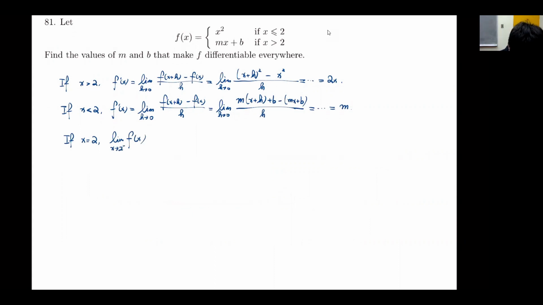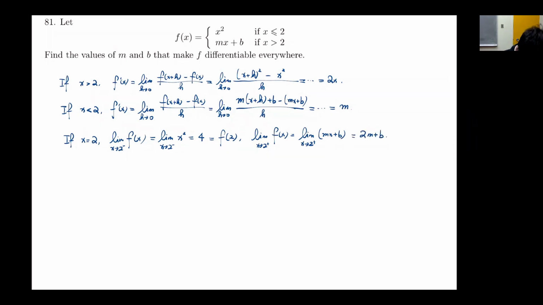For the left-hand limit, this is going to be the limit of x squared, and the limit is going to be equal to 4. And we know that this is also the same as the function value at the number 2. All right, on the other hand, the right-hand limit at the number 2 is going to be the limit of mx plus b as x approaches 2 from the right. And then what you will get is 2m plus b.